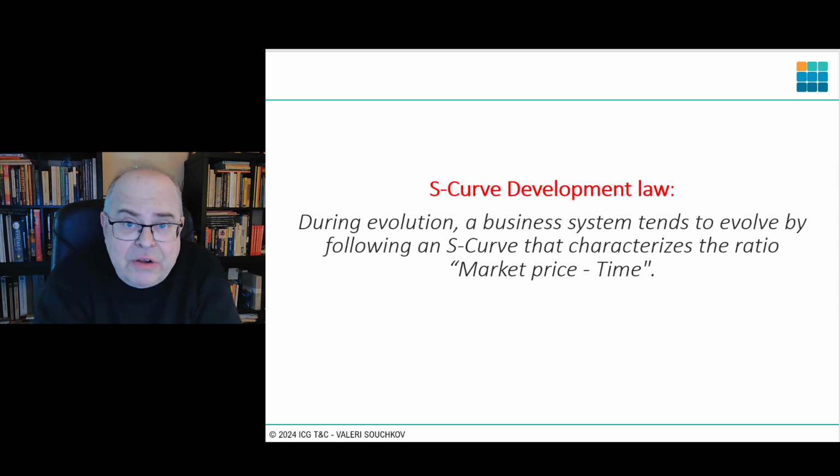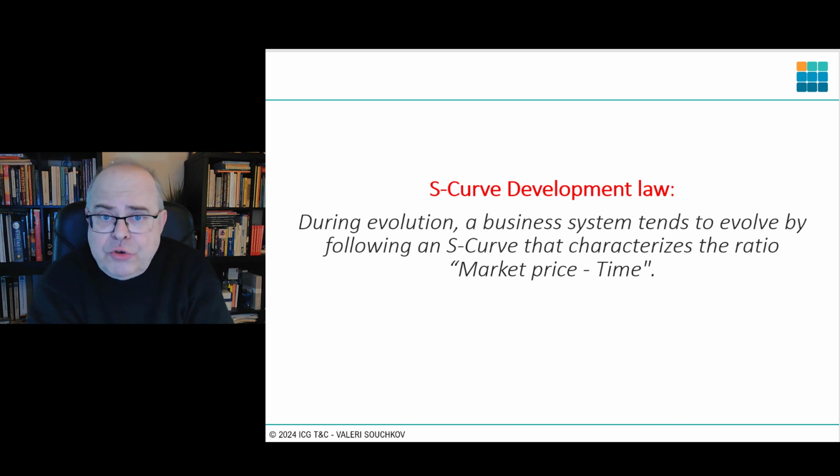Well, the S-curve development law sounds for business systems similar to technical systems. During evolution, a business system tends to evolve by following an S-curve that characterizes the ratio of market price to time. By the way, in technical TRIZ, it's also sometimes quite unobvious what to put along the vertical y-axis. On the horizontal axis, it is clear, it is time.